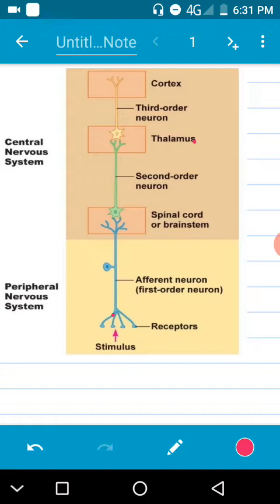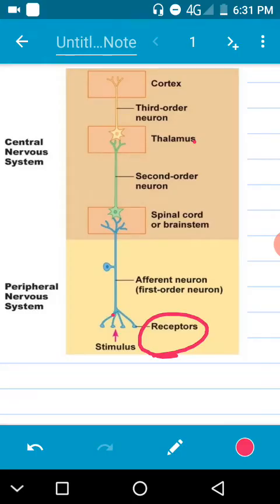So basically, every sensory system, be it the somatic sensory system or the special sensory system, starts with the receptors. The receptors are of different types in different sensory systems, which will be dealt later. So the basic is it starts from the receptors. It starts from the periphery and it goes to the center, which is nothing but your afferent pathway. So from the receptors it is carried to the CNS.